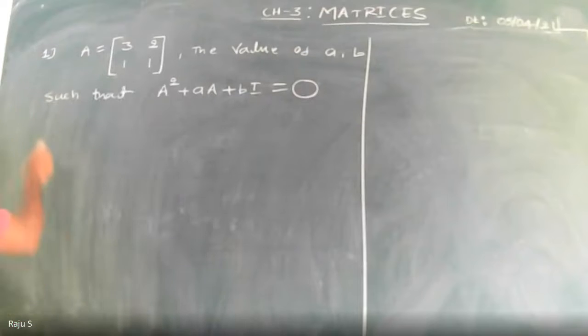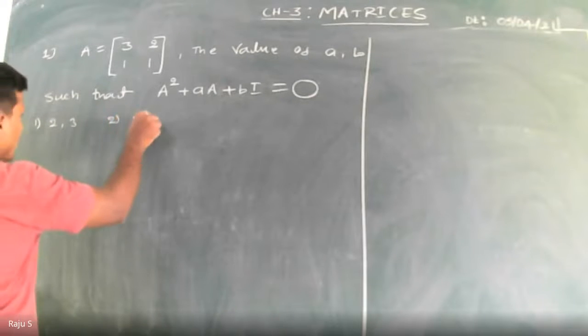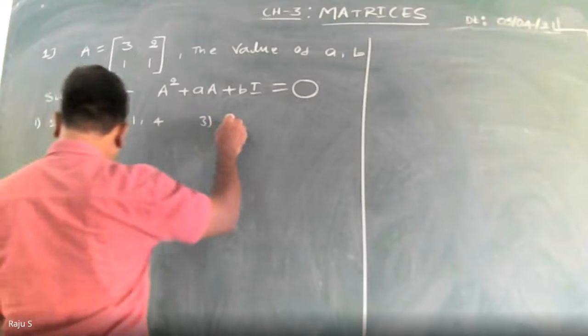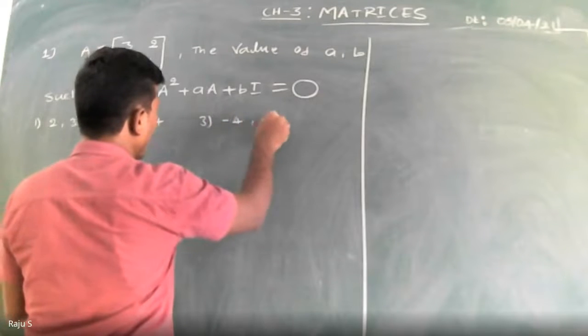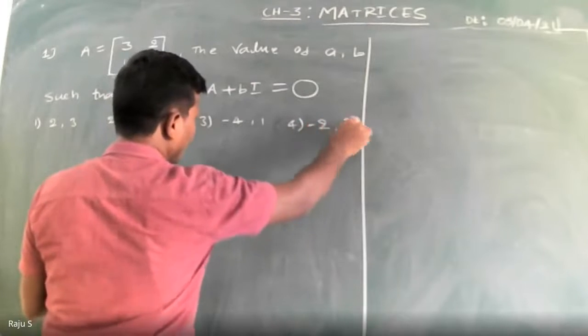B1, B2 students also try to do this. All of you try this question. First option is 2 comma 3. Second option is 1 comma 4. Third option is minus 4 comma 1. And the fourth option is minus 2, 3.